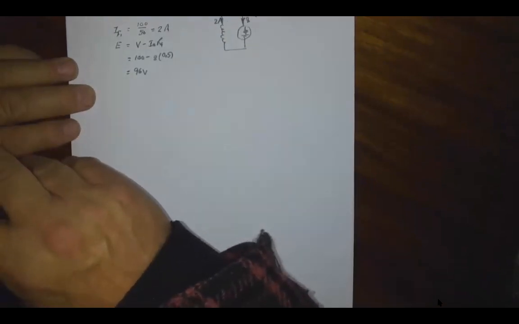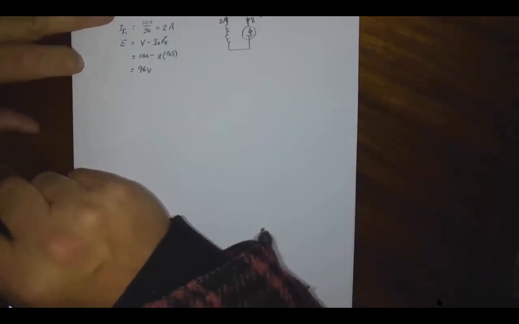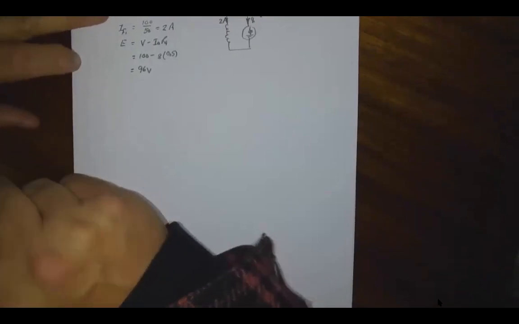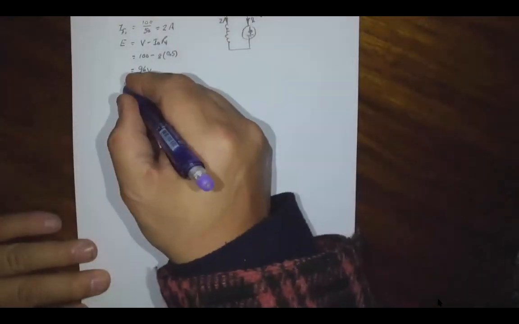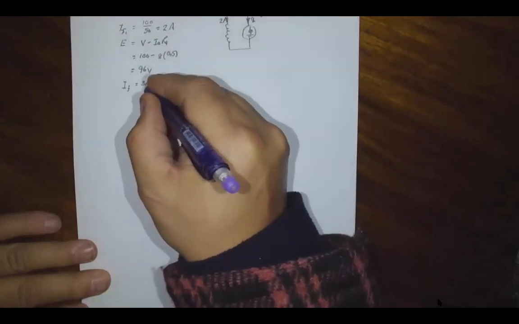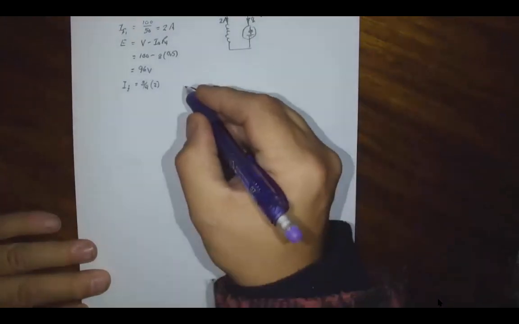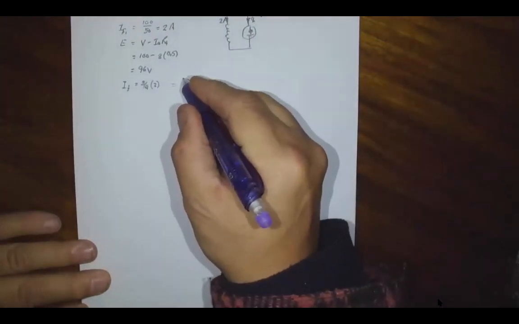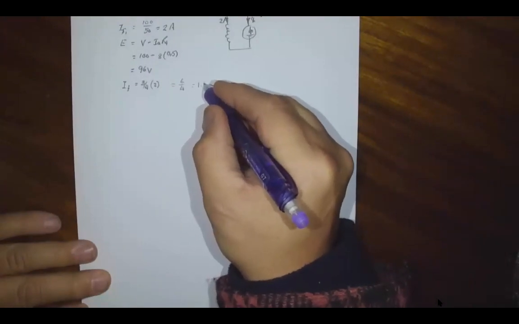Now, in the second case, the resistance is reduced to 3/4 of that. So the same thing will be if we take IF, 3/4 of that, which is almost the same thing. So that is 6/4, which is 1.5.